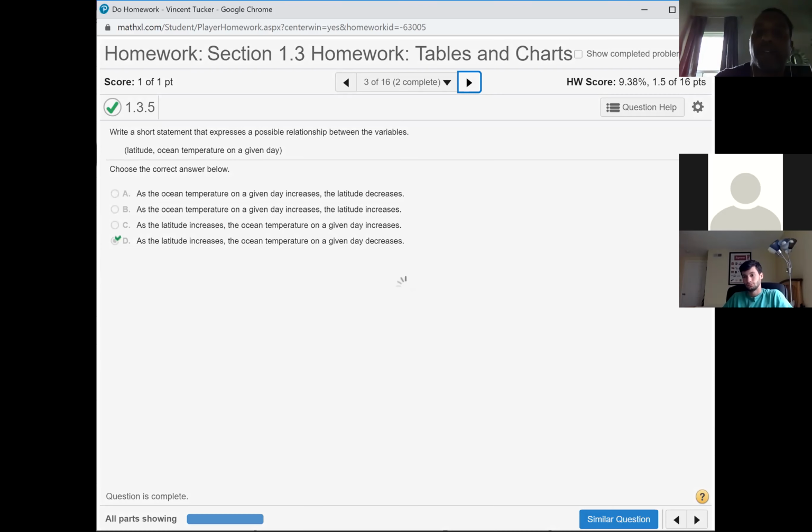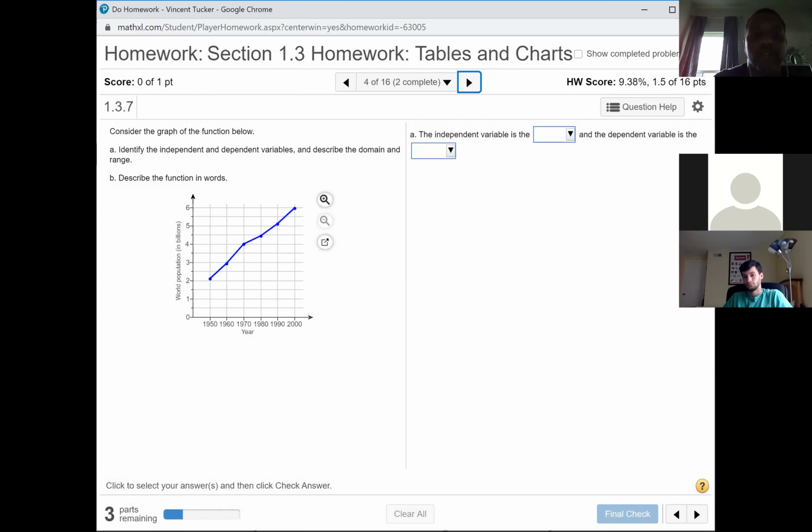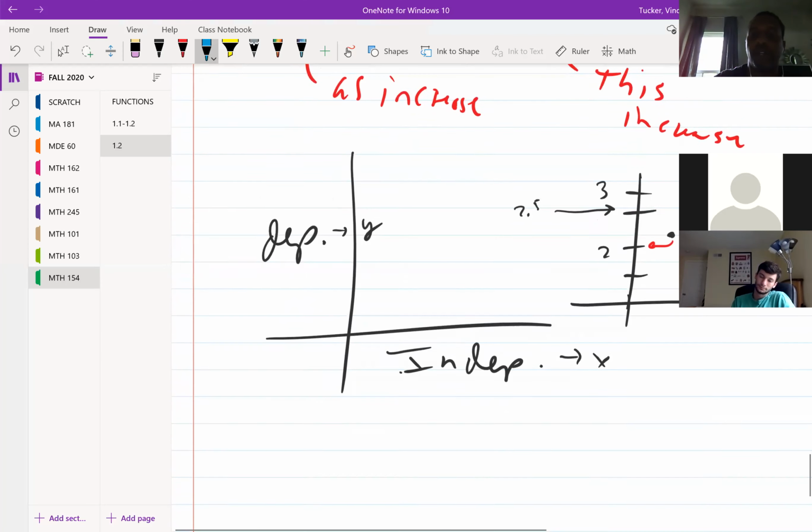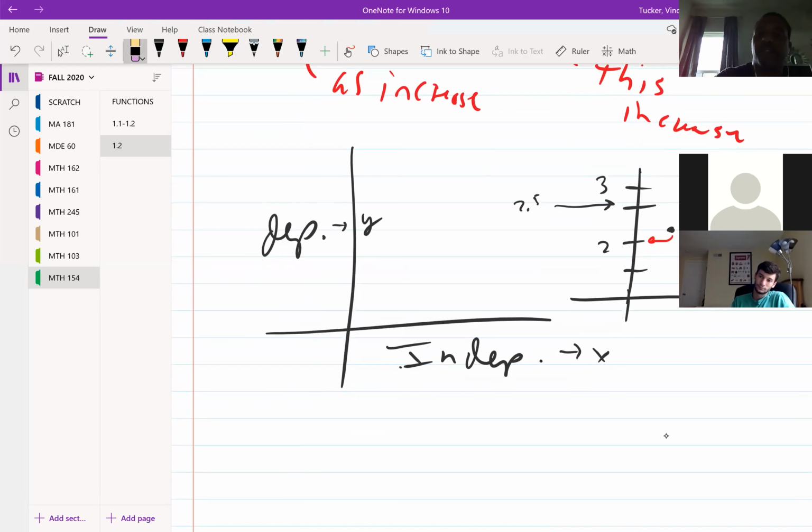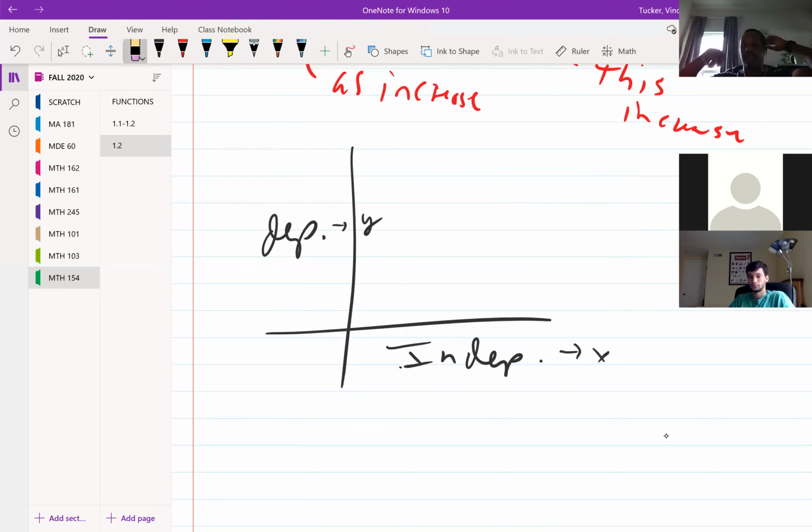All right, let's look at a few more. Identify the independent and dependent variables, domain and range. So let me go back to here. Your independent is normally your horizontal axis. Dependent is your vertical axis. Remember we talked about this before.